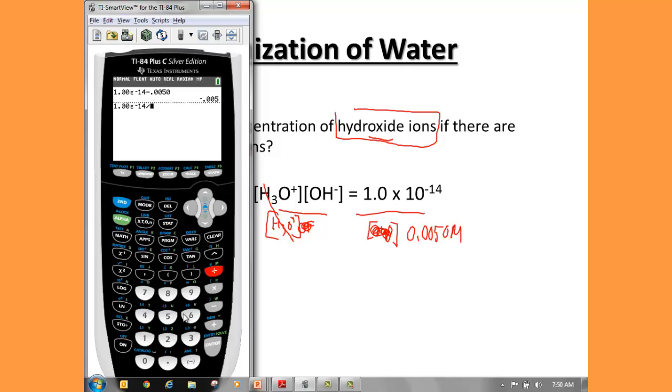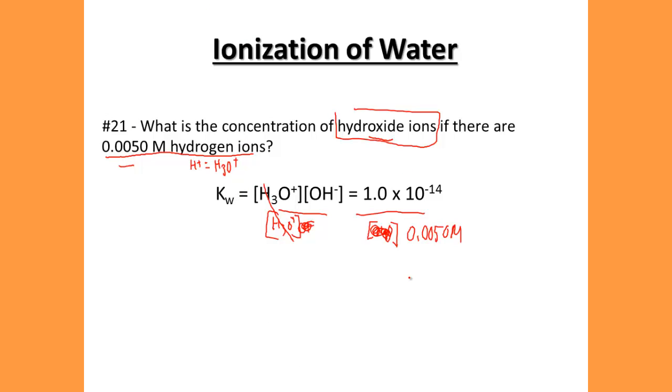Let's use the right key, divided by 0.005, and you get about 2 times 10 to the negative 12th molar concentration, showing we have a very small amount of our hydroxide ions in concentration.